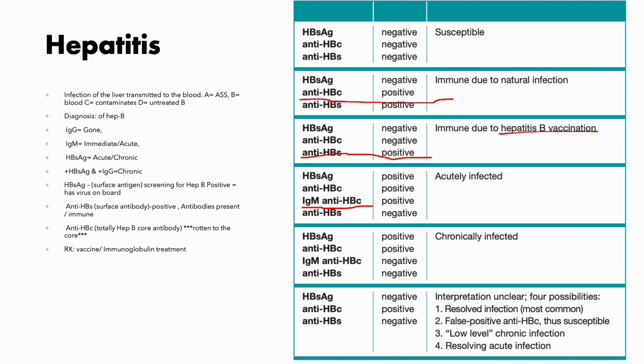Your core is going to be positive, as well as your HBsAg. You have an active infection because of your IgM right here. Chronically infected, your IgM here is negative. You are not immune because your anti-HBs is negative.